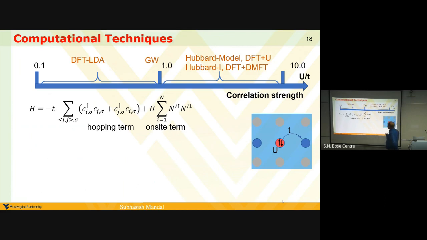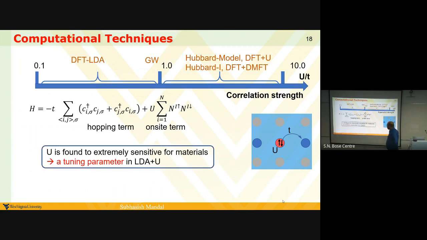It was only occasionally applied to very strongly correlated materials, because if you are going for strong correlation, then you need to go to a model Hamiltonian, Hubbard or Hubbard-like Hamiltonian, or DFT plus U. But the main problem in DFT plus U is that there are two issues.